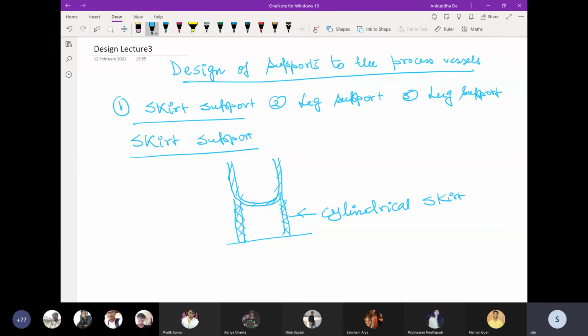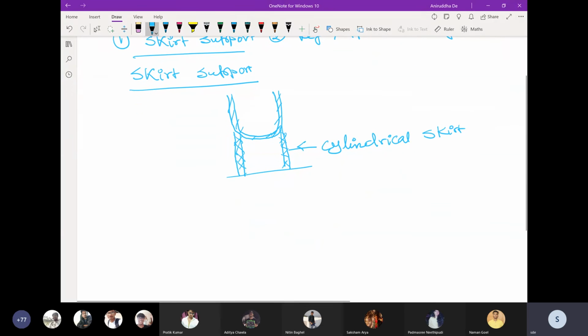On all sides, it's welded to the process vessel, and the bottom base of this cylindrical skirt is bolted to the ground. So we have to evaluate the design of the skirt support, the thickness of the cylindrical skirt.